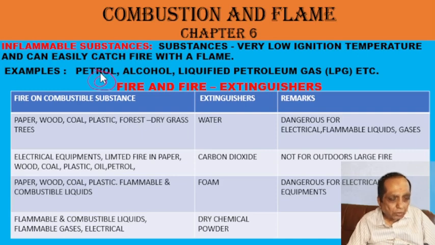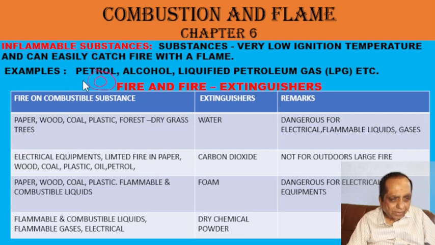So if we remove all combustible substances from here, then the fire from this zone will not spread outside. And by that time you might have definitely called your fire brigade and they will take action how to extinguish the fire. Is it all right? So what we learned, there should be a combustible substance. If there is no combustible substance, fire will not prolong.